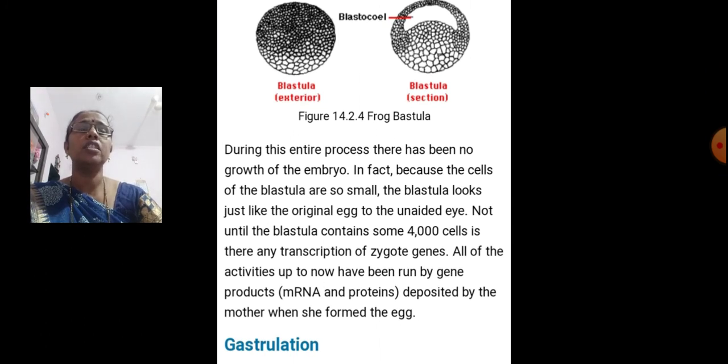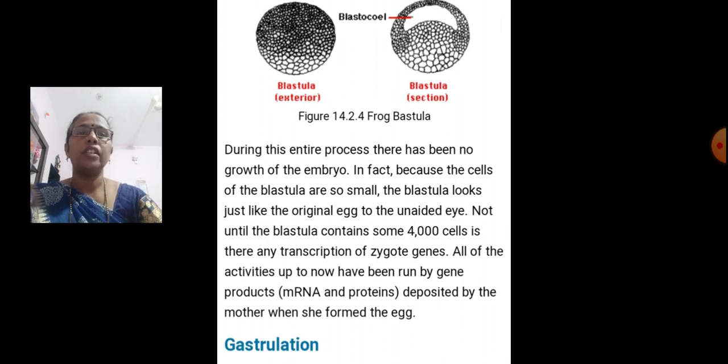During this entire process, there has been no growth of the embryo. In fact, because the cells of the blastula are so small, the blastula looks just like the original egg to the unaided eye. Not until the blastula contains some 4000 cells is there any transcription of the zygote genes.